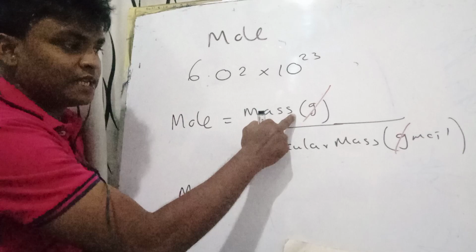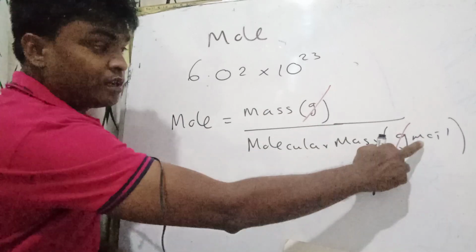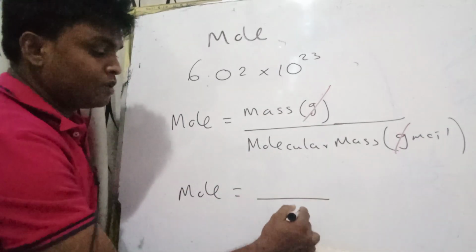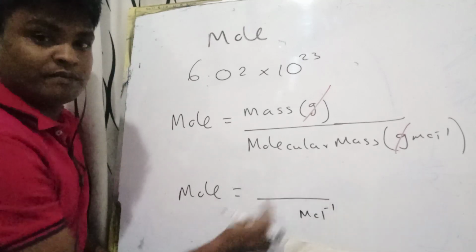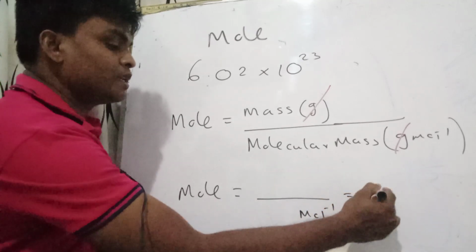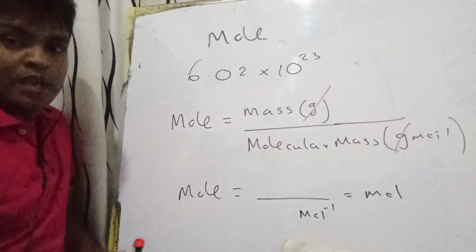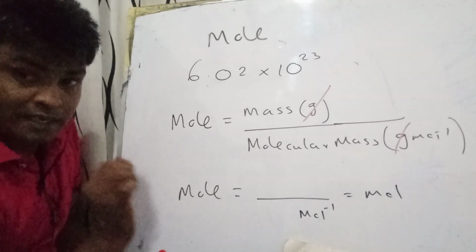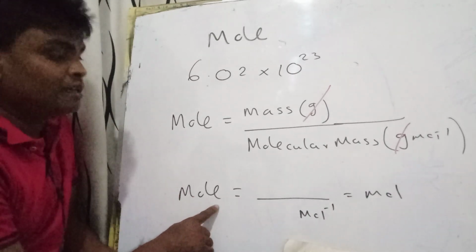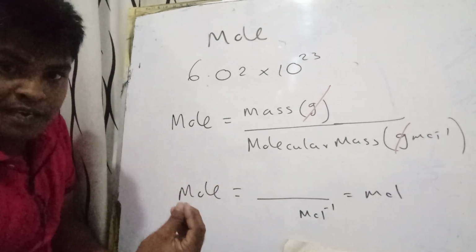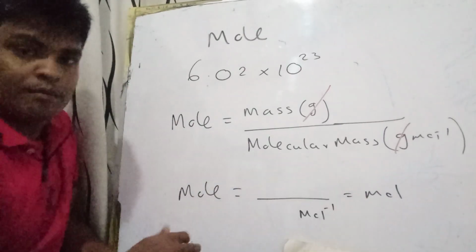What remains down is mol to the power minus 1, and when it goes up, it becomes mol. When mole is written as a word, we write MOLE. When the mole is written as a unit, we write MOL.